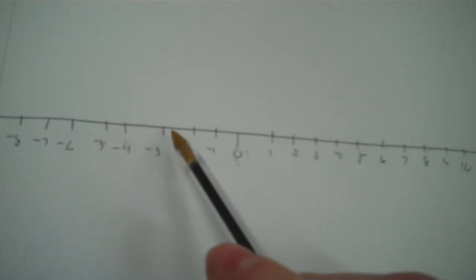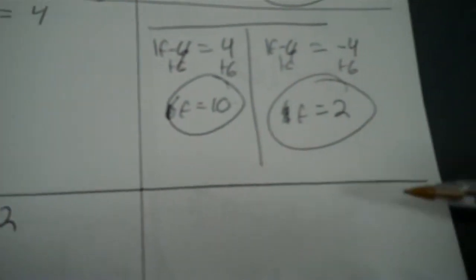Now, 2 minus 6, if I substituted 2, 2 minus 6 is -4, but how far is -4 from 0? 1, 2, 3, 4, okay? So if I substitute 2 in, I'm at 2 minus 6 is -4, but that's 4 from 0. Okay, next one.